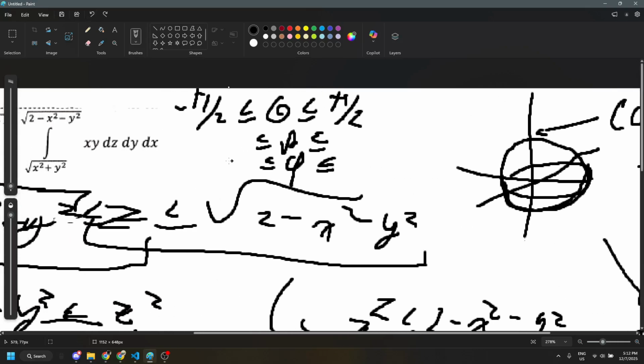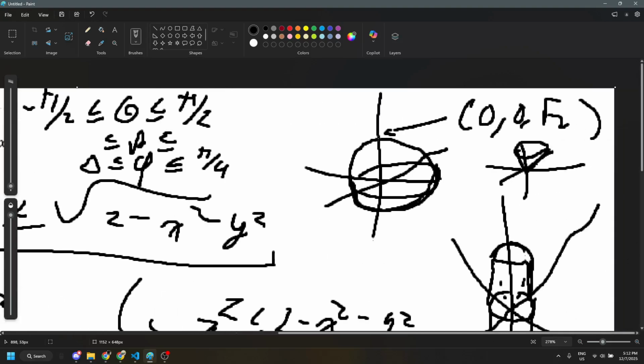So phi is between 0 and pi over 4, and rho is, well, it will always be root 2, because where it intersects, it's still root 2. So it's between 0 and root 2.